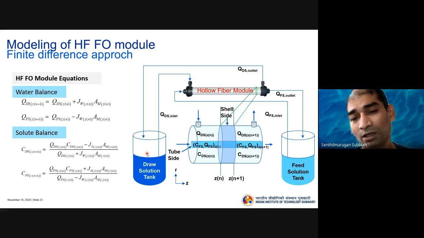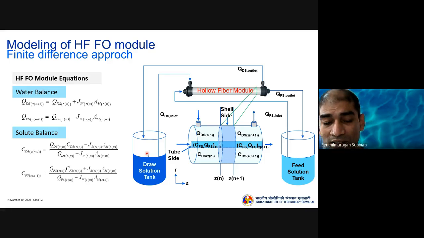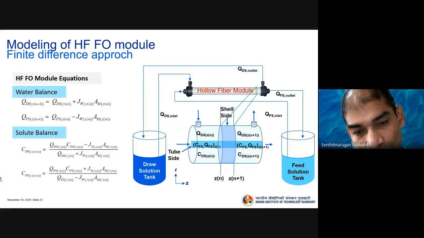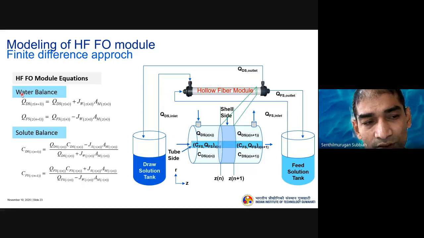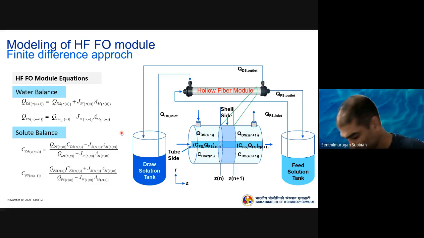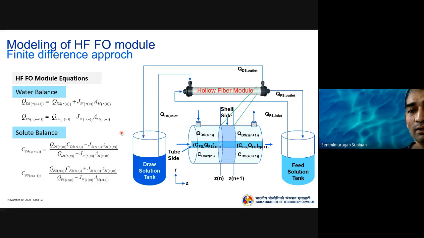So that should be the objective of the model for given input conditions. So how do we achieve this? One is we need to do a water balance. Another one is a solute balance. Now the question is that this model is basically a steady state model.